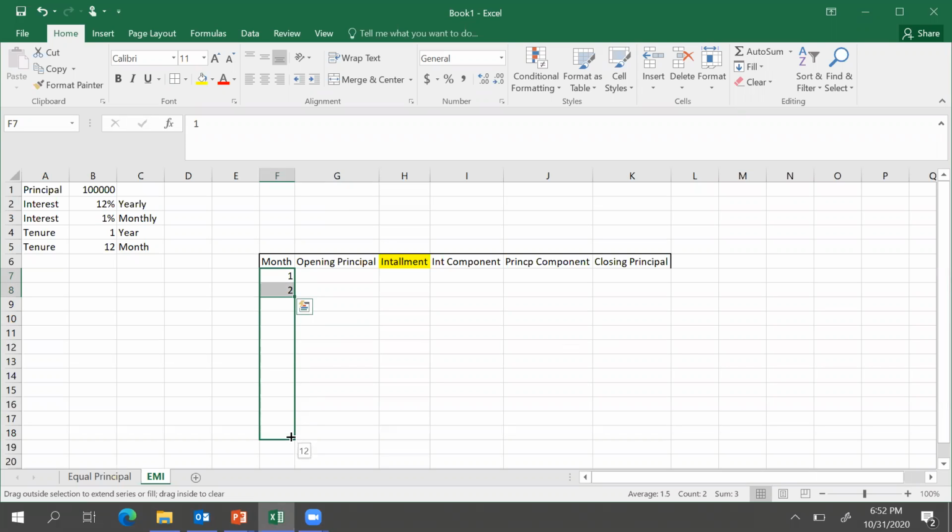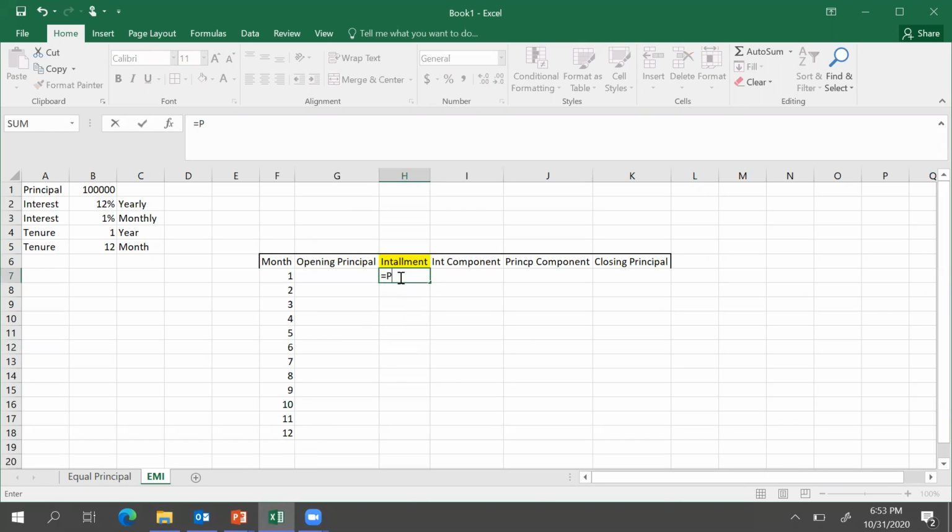So the repayment is going to happen in 12 months. Here the important thing about the equal monthly installment is that the installment is going to remain constant throughout the 12 months. Only the interest component and principal component are going to vary. So we can calculate the installment immediately.